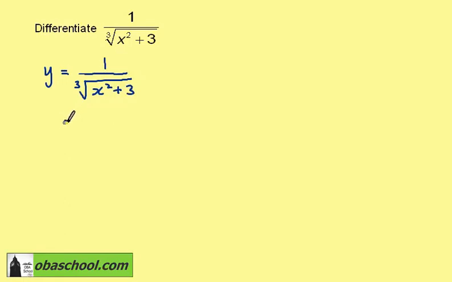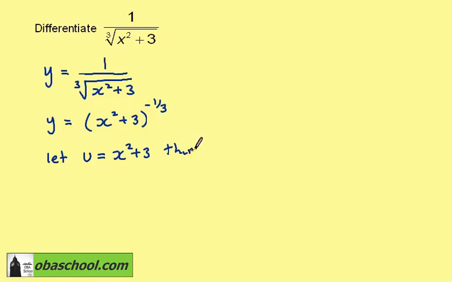And using our knowledge of indices, we can write this as x squared plus 3 to the power minus 1/3. This is still y, since we haven't differentiated. Now let u be x squared plus 3, and then y will be equal to u to the minus 1/3.